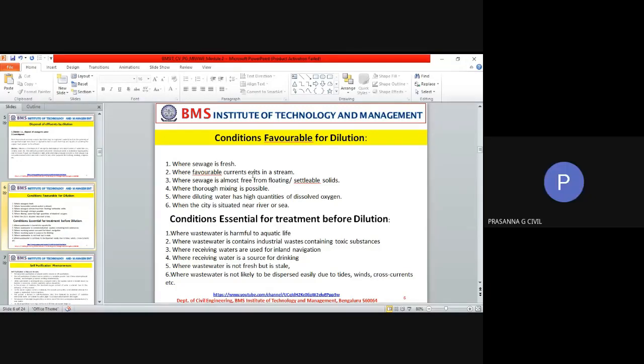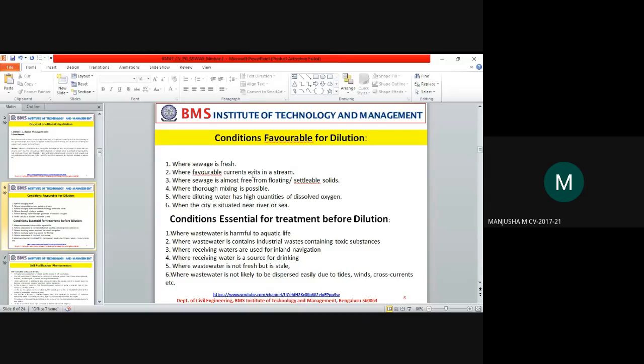Yes, ma'am. I am asking you, do you remember the definition for the term dissolved oxygen? Yes, ma'am, DO. Dissolved oxygen, correct. How much is required for a natural water body? Why is it required in a natural water body?